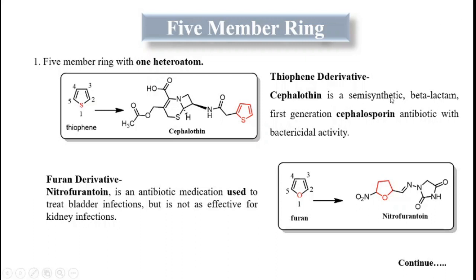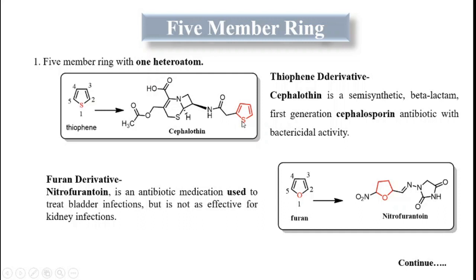Cephalothin is a semi-synthetic beta-lactam antibiotic of the first generation cephalosporin class with bactericidal activity, and the basic ring here is a thiophene, or you can say thiole. Here a substitution takes place at position number 2.